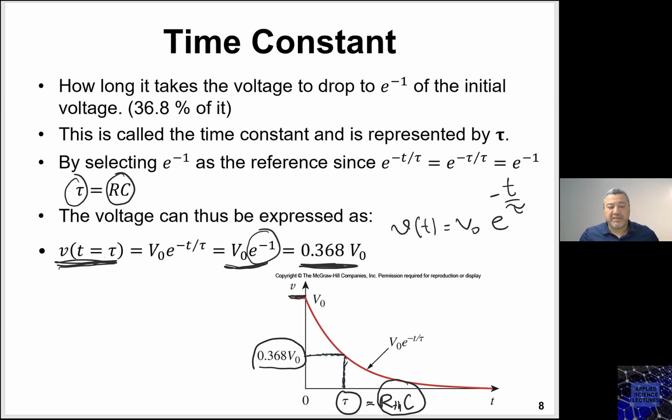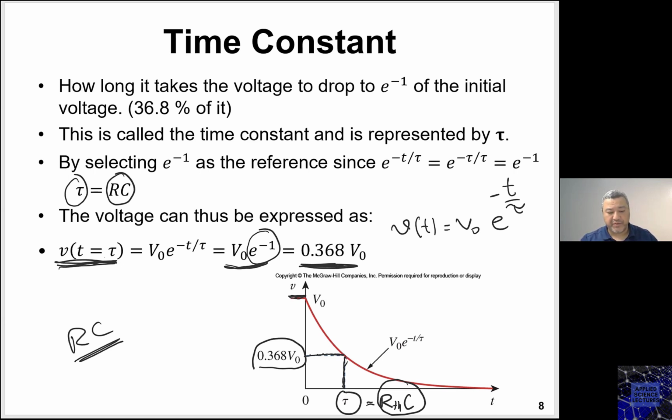So this defines the 36.8%. So at t equals tau, I will be reaching 36.8% of my initial voltage. This is, again, for RC circuits that are source free.